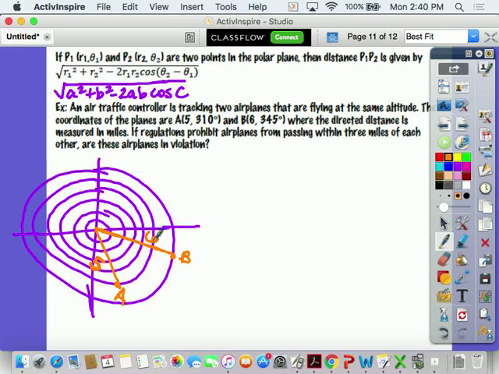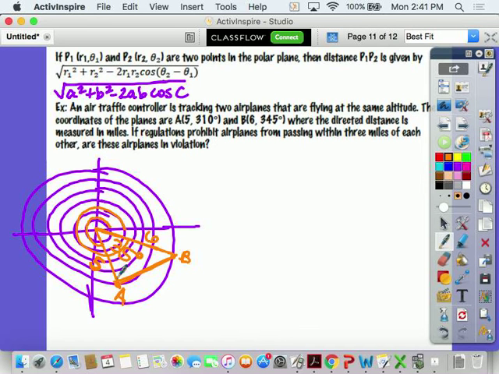If you recall back from the days of law of sines and law of cosines, what particular situation did it need to be to use law of cosines? It was side angle side. If you know that this angle here is 310, and this angle here is 345, what's the angle in between? 35 degrees.